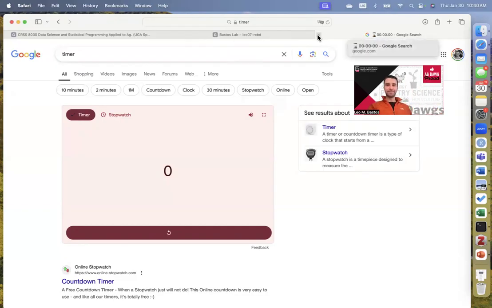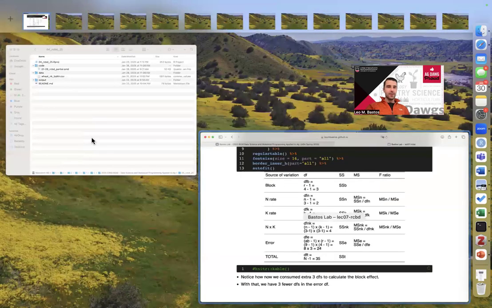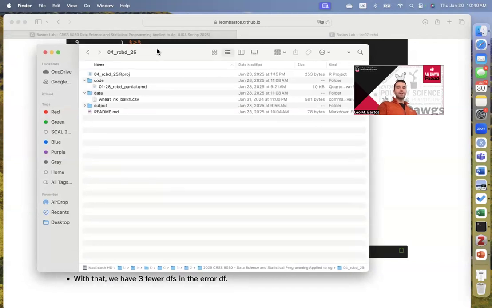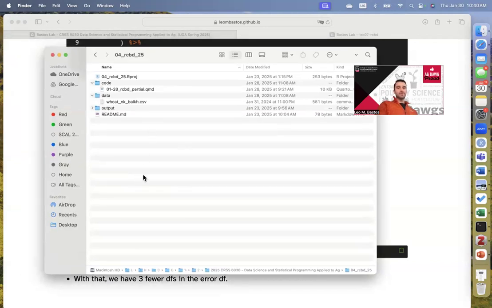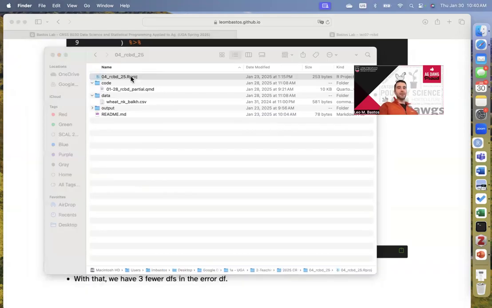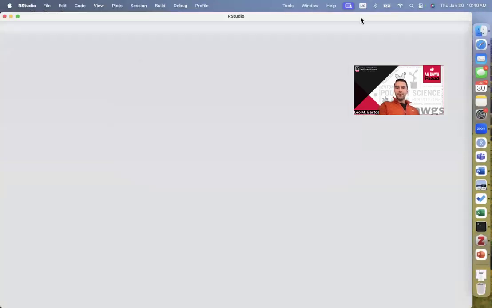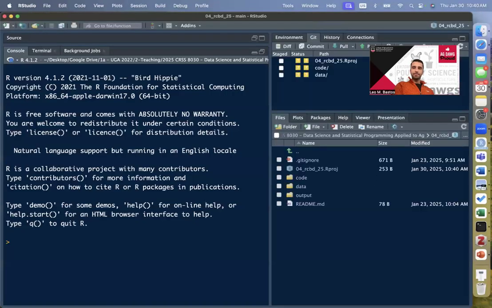All right. Okay, so if you go to your 04 RCBD project, as you remember, always launch your R-related stuff by launching that project icon and not your script icon, just to make sure you have the proper relative paths in place.